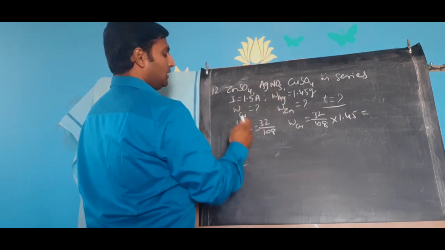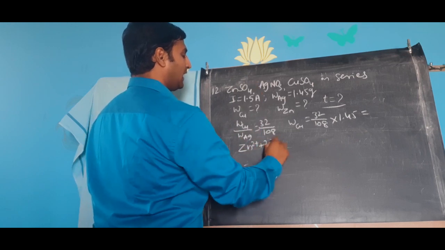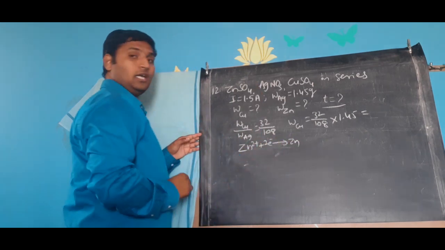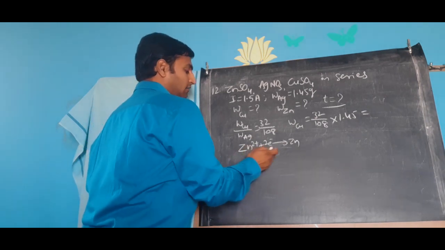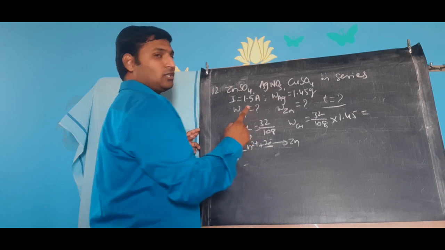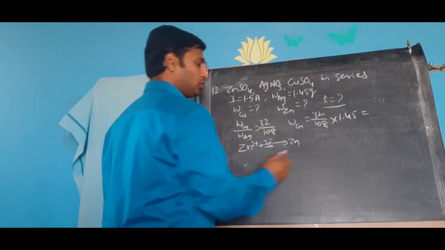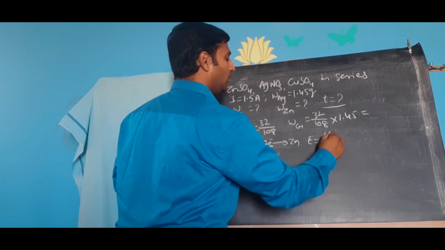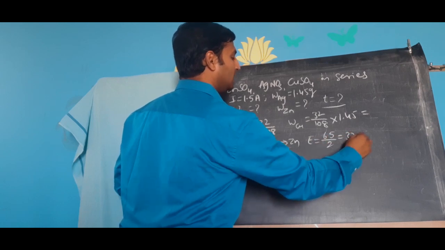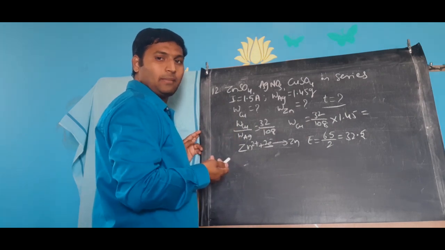Similarly, when it comes to zinc, in zinc sulfate, zinc exists as Zn2+, gains 2 electrons to become zinc. So obviously, the valency of zinc is 2. Now, the atomic mass of zinc is 65.3, which I can just take as 65. So, equivalent mass of zinc will be 65 by 2, that is 32.5. It's almost the same as copper.